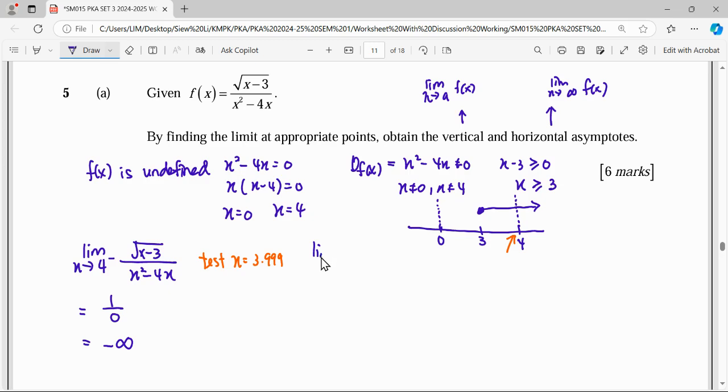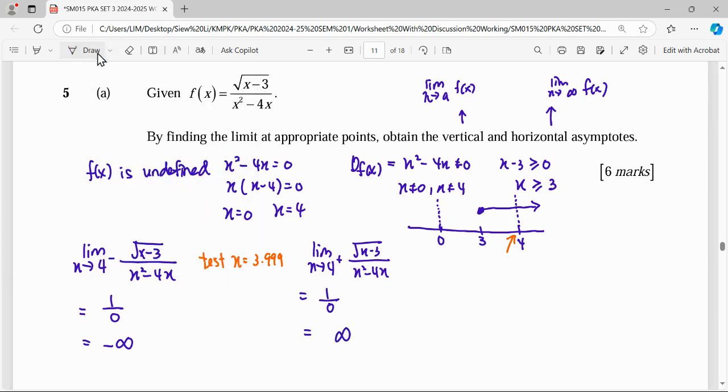Then we calculate the limit for x approaches 4 from the right hand side. Same also, we substitute 4 into the limit, it will be 1 over 0. So 1 over 0, infinity. Then we test the value. Press your calculator, we test the value x equals 4.001. We substitute into the x here.